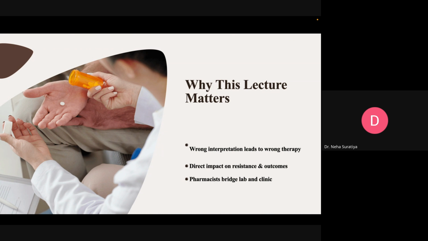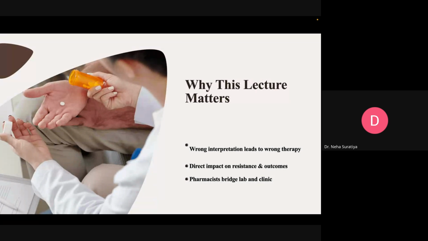So many treatment failures are happening not because the antibiotic is wrong, but because the report was misinterpreted by the clinician, physician, and healthcare professionals. As a clinical pharmacist specifically, we are often the last safety checkpoint before the antibiotic is given to the patient.